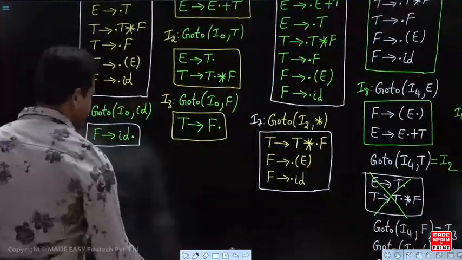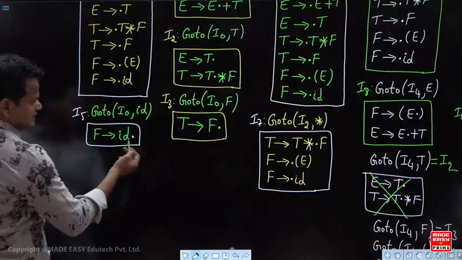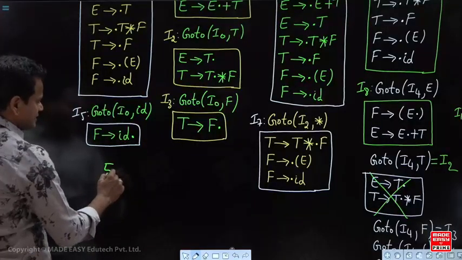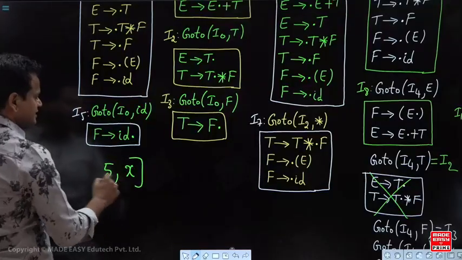Come to I5. This is I5, and the final item, the dot has reached the end. Whenever the dot reaches the end, and the name of the state is 5, so I5, that is the reason for the fifth row.